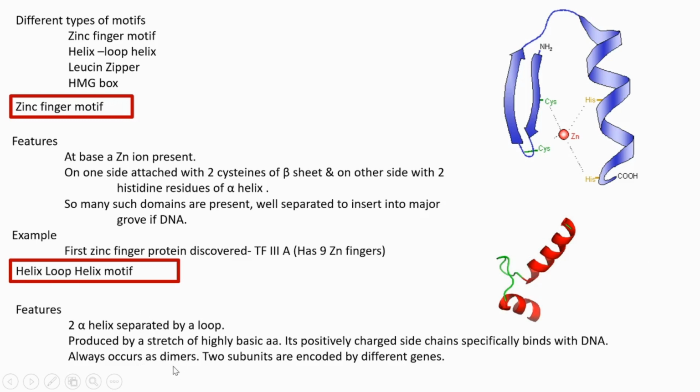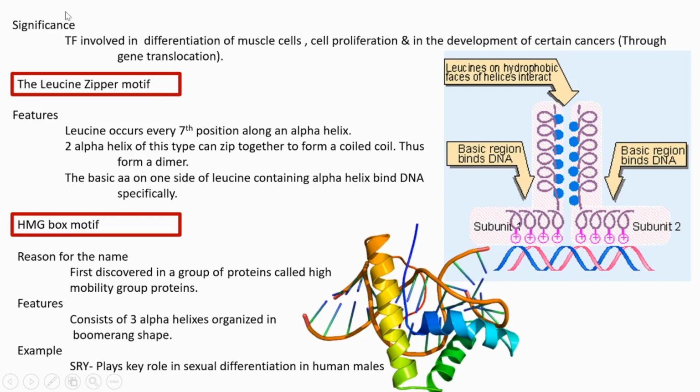Dimers means 2 subunits, and these two subunits are encoded by two different genes. Next, what is the significance of this one? This transcription factor is involved in the differentiation of muscle cells, cell proliferation, and the development of certain cancers.